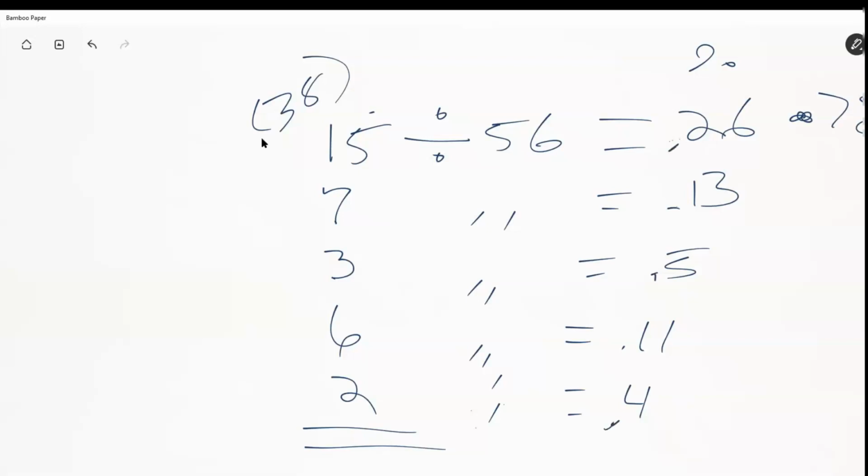So multiply each of your percentages by 720 to find out how many minutes it spent in each phase. 720 times 0.26, for example. It spent 187 minutes in interphase. So take a minute to do all of those calculations.